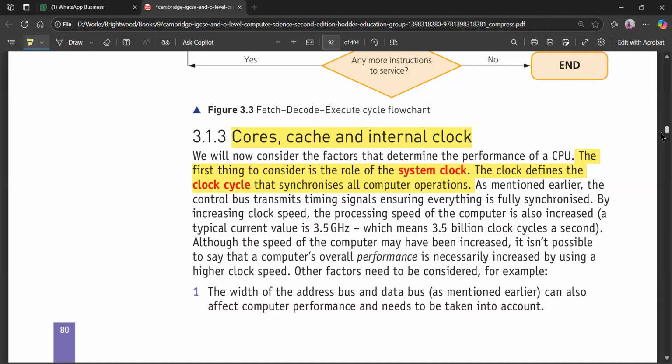If your computer has more megahertz, it can do a lot more clock cycles in a second. That's the meaning.